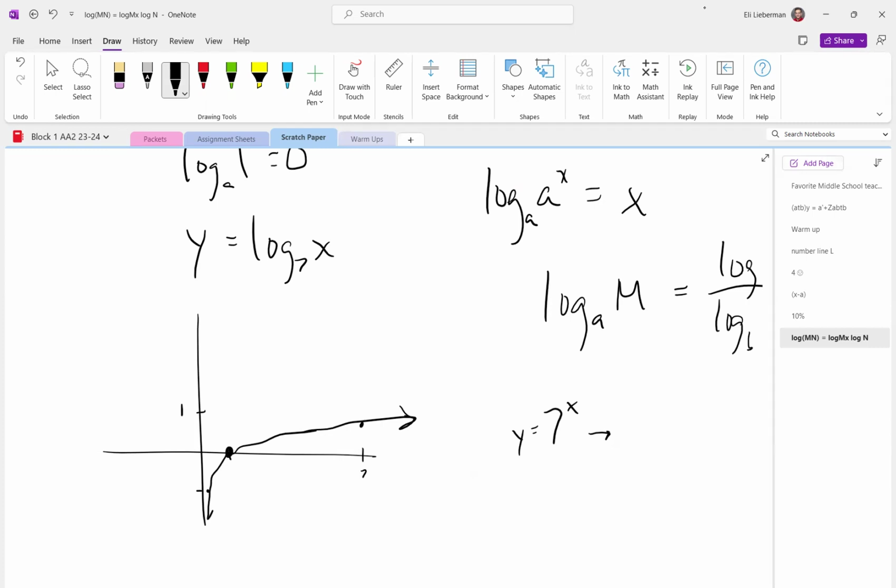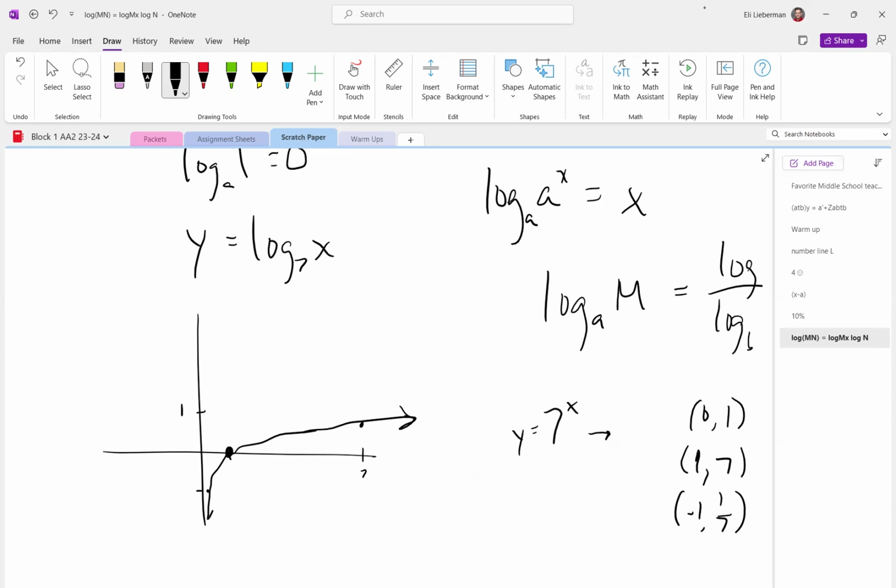But from here, I think it's a little bit more intuitive. I just knew that, and then I just flipped the points. It's pretty easy to plug these in, and even -1 gives the (-1, 1/7). So from those, flip them, and you automatically have the log base 7.